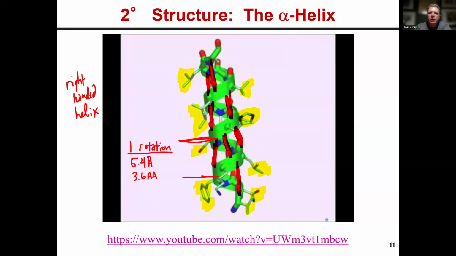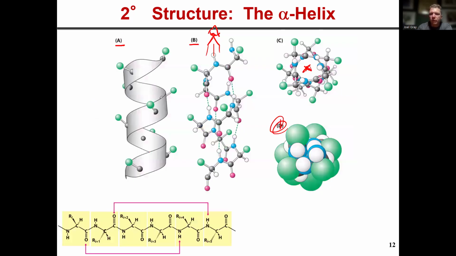The significance of that is that amino acid residues are not directly on top of one another. So if we jump over here, this would be an R group. This too would be an R group. Notice how they're staggered. They're not right on top of one another. So that has to do with 3.6 amino acids per one rotation. Now, when we go down to the lower left-hand corner, I'm also going to write 5.4 angstroms tall, one rotation.